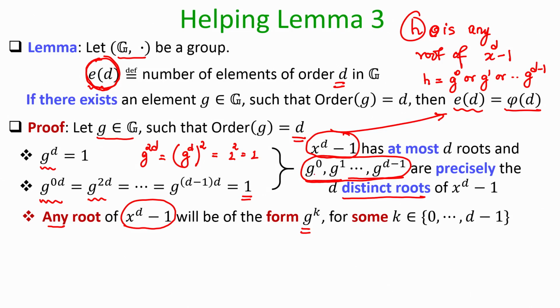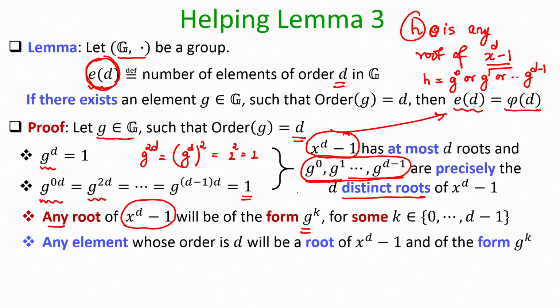That means one of these powers of g will give you the element h, where h is some root of the polynomial x power d minus 1. That is a relationship between any root of this polynomial and the element g that I have established.